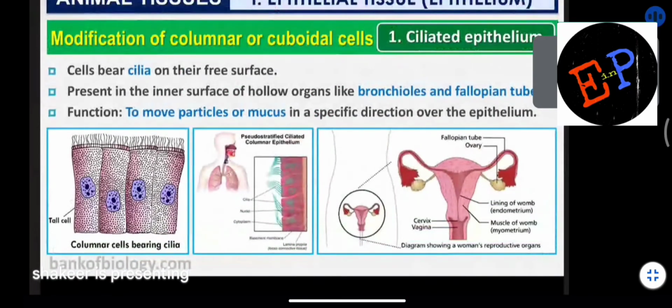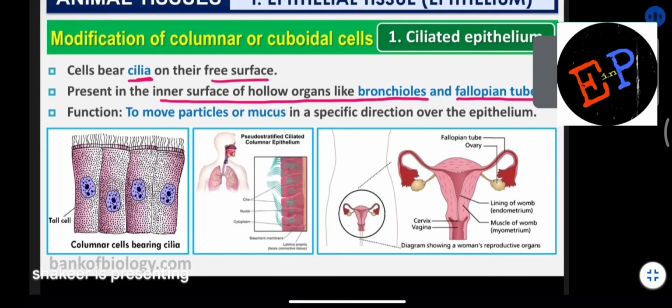First one, ciliated epithelium. Where do you find the ciliated epithelium? In columnar as well as cuboidal, that you should not forget. The cells bear cilia on their free surface. Cilia means hair-like structures. They are present in the inner surface of hollow organs like bronchioles and fallopian tubes.